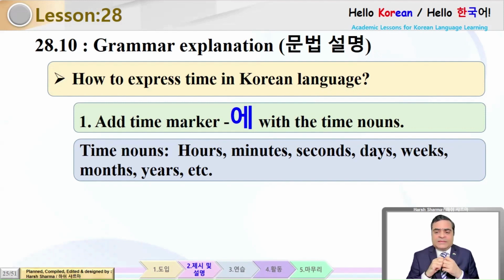The second stage is we have to use one grammar, that is the time particle, time marker A. We just have to add time marker A with the time nouns. And what are time nouns, 여러분? Time nouns can be hours, minutes, seconds, days, weeks, months, years, etc. So if we know how to express the time, just add A with it, it will show the time. So two steps. Second step, we are going to start now how to use time marker A.